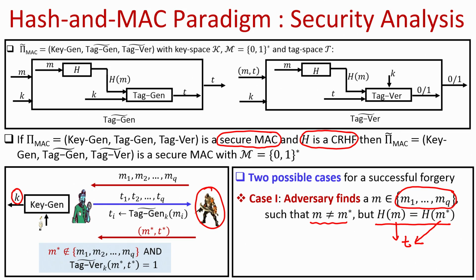But this internally means that the adversary needs to find a collision for the underlying hash function in polynomial time, which contradicts our assumption that the underlying hash function is collision resistant, right.